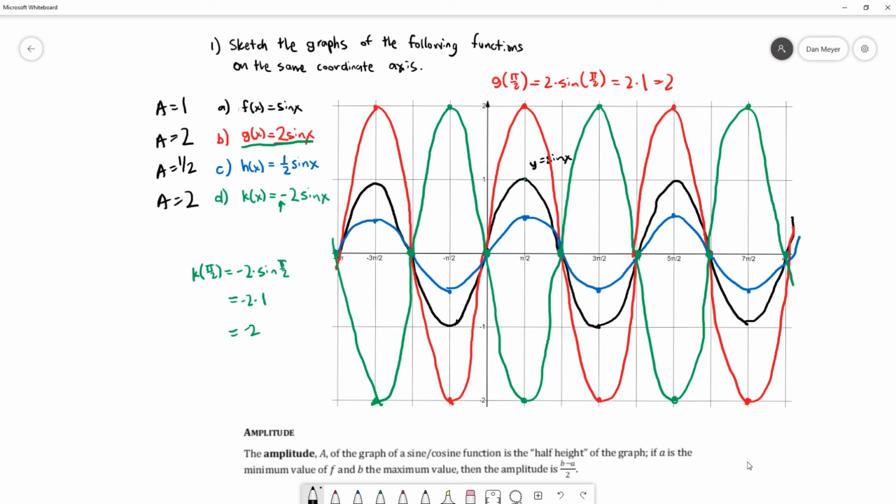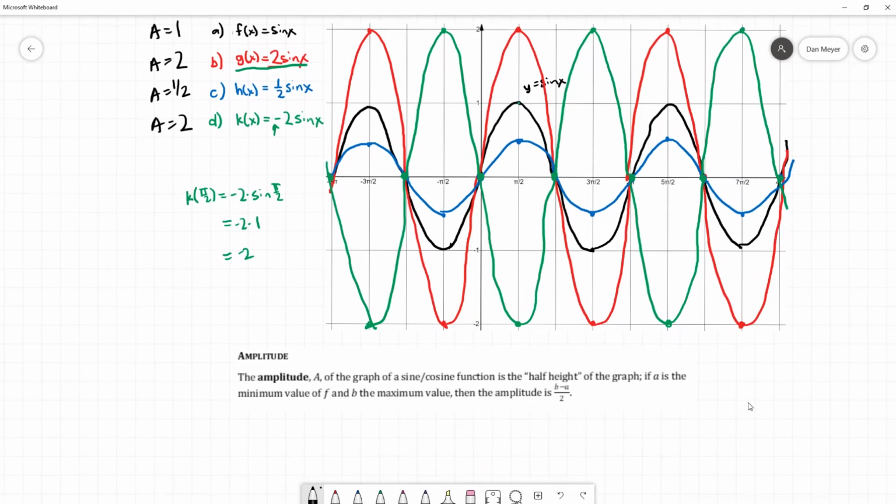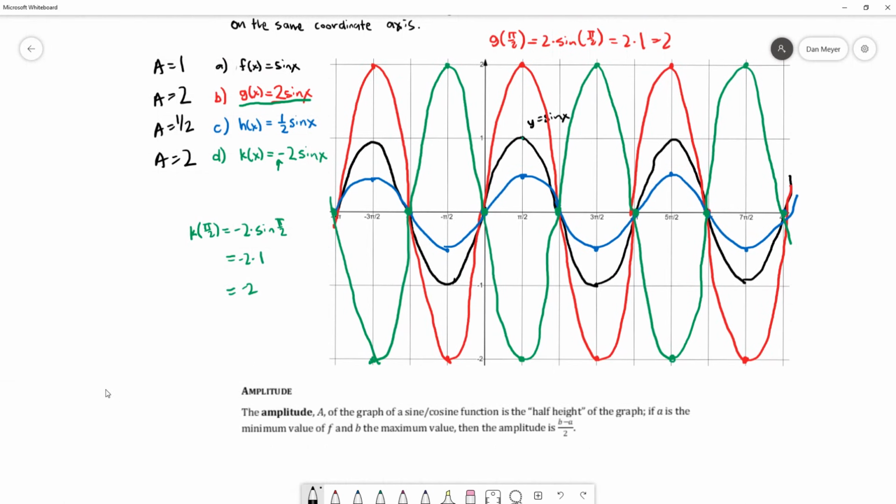And hopefully you're starting to see maybe a relationship between this amplitude and this constant multiple on the outside. And so when we go to answer the question, if I have f of x equals a sine x, or g of x equals a cosine x, we're multiplying on the outside by this number a.